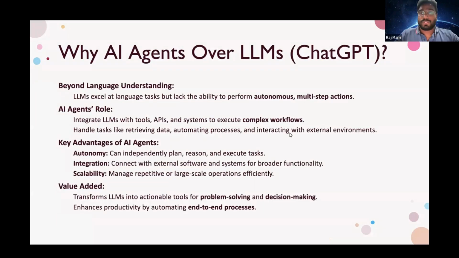Why are we using AI agents? If you have already used LLMs, maybe programmatically calling them to get answers to your questions, or you're just using ChatGPT, that should be good enough for day-to-day tasks.